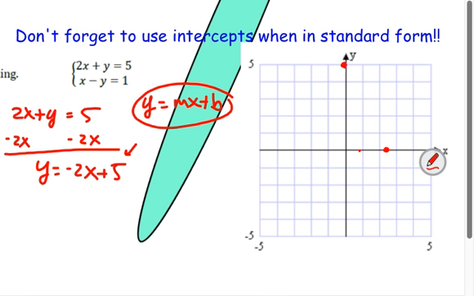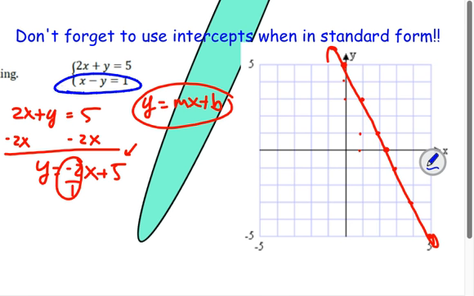And my slope is negative 2, or negative 2 over 1. So that means down 2 from your y-intercept, 1, 2 over 1. Down 2 over 1. Down 2 over 1. And you want to keep going as many times as you can. And draw a line through it. There's my first equation in red.